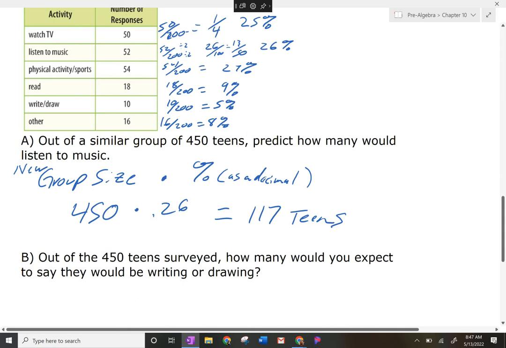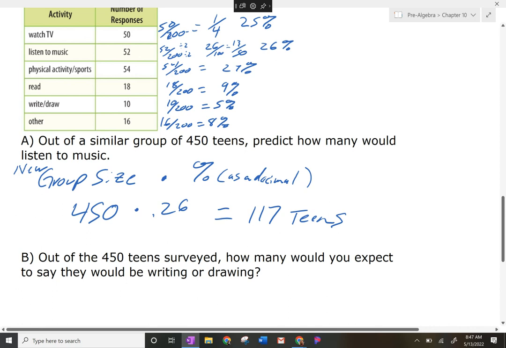Not quite. We'll go for writing or drawing. Choose this percent. We're going to do the big group size.